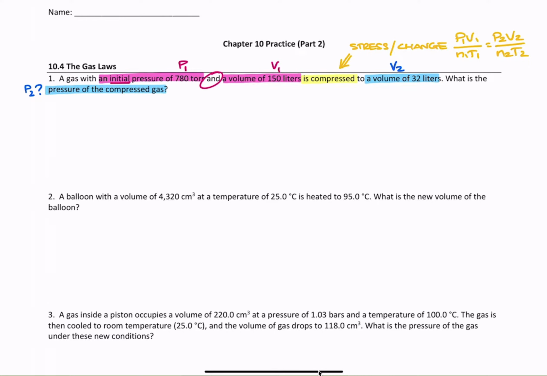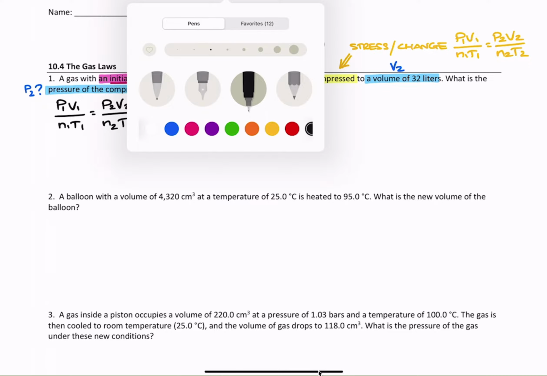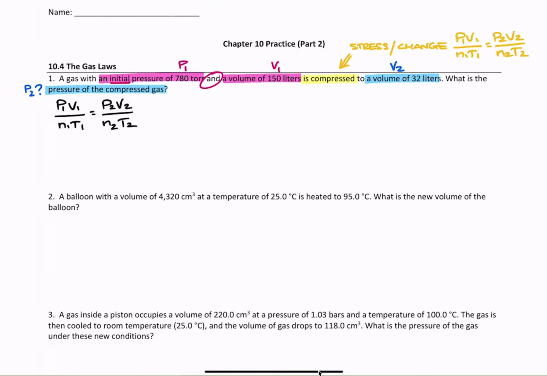So let's take a look. P1 V1 over N1 T1 equals P2 V2 over N2 T2. We are given no information whatsoever on the number of moles or the temperature of the system.